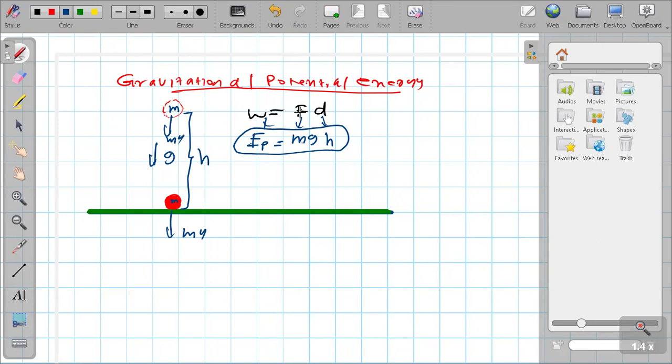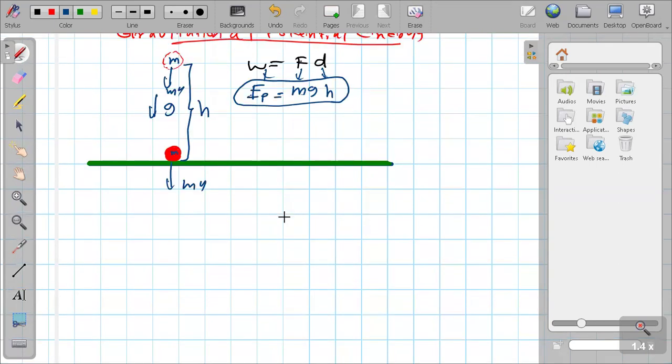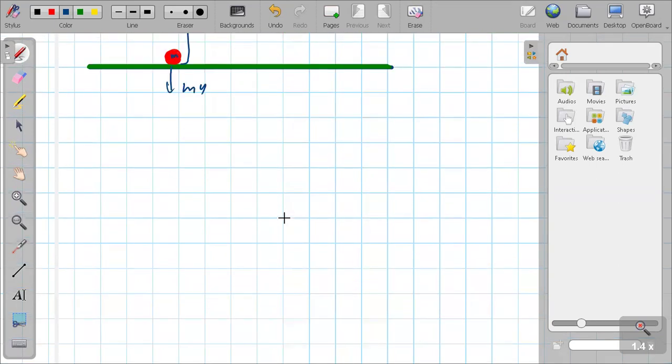Done, sir. Right. The next type of energy, you can consider it like a potential energy due to what? Elastic potential energy. Write the next point, elastic potential energy.